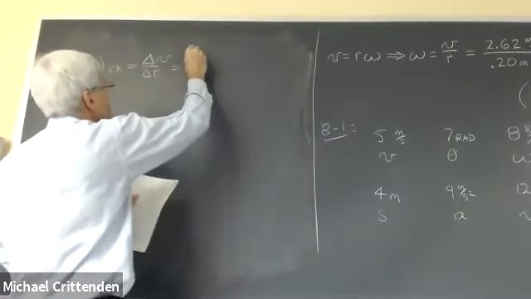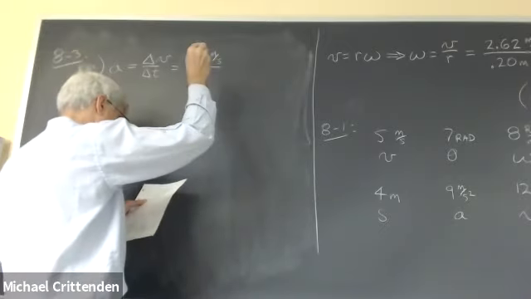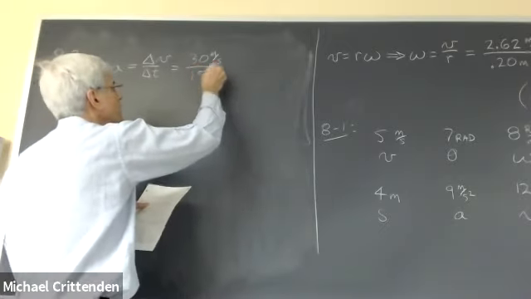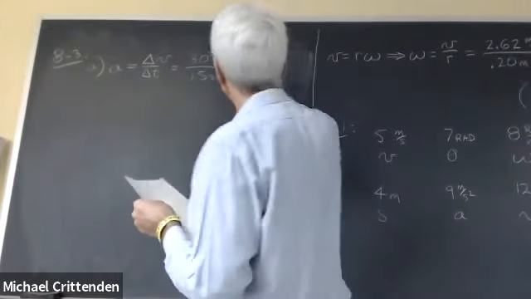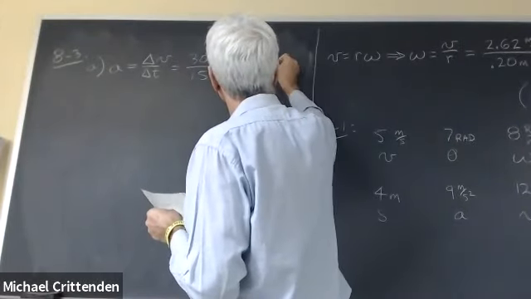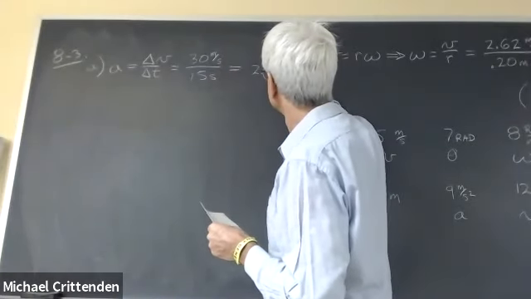That makes the change 30, in 15 seconds. 30 divided by 15 is 2. Meters per second per second.